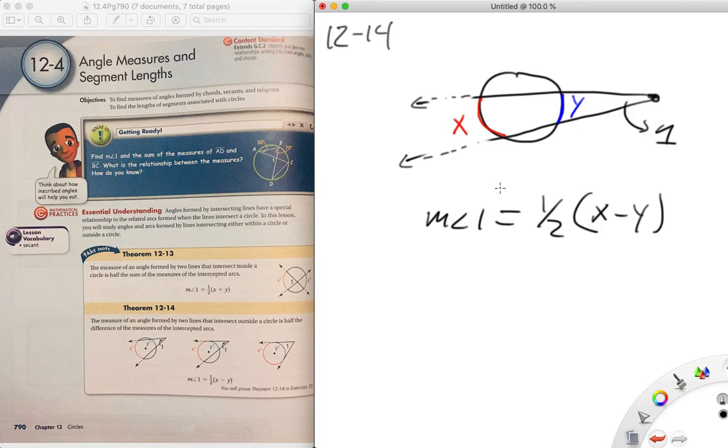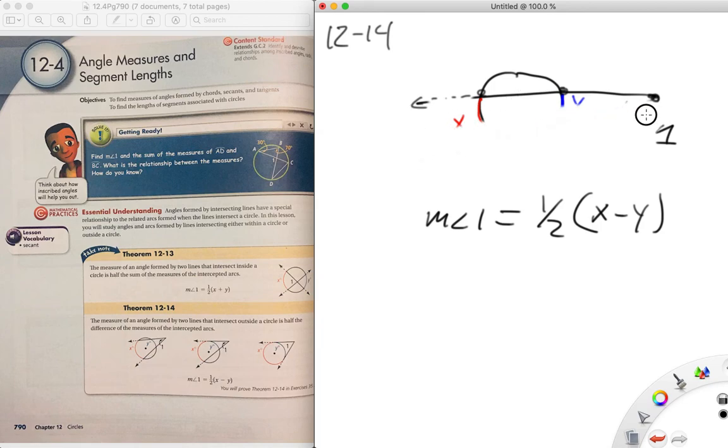There's 3 cases. Case number 1, each side of the angle goes through the circle, so these guys intercept the circle at 2 points. So that's case number 1.